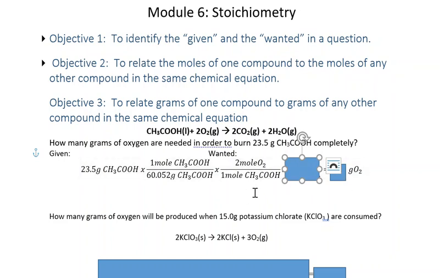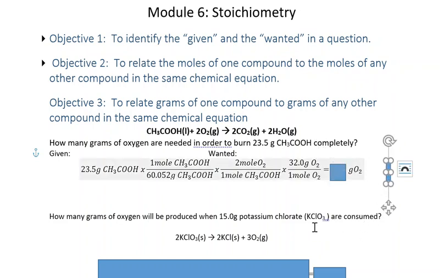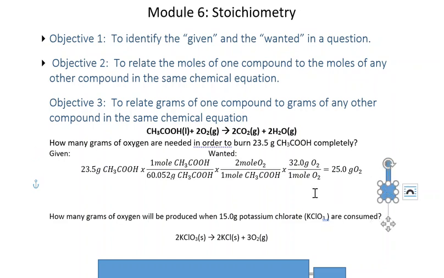So in order to find the grams of oxygen, I'm going to say that there are 32 grams of oxygen for every 1 mole of oxygen, and that gets the moles out of the way entirely. There we go. Now, if I multiply this through, 23.5 times 2 times 32 divided by 60.052, then I end up with a mass of 25 grams of oxygen.